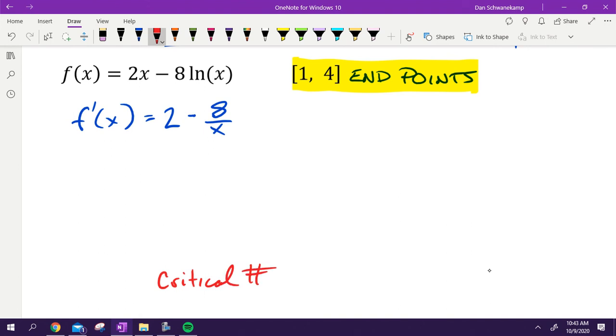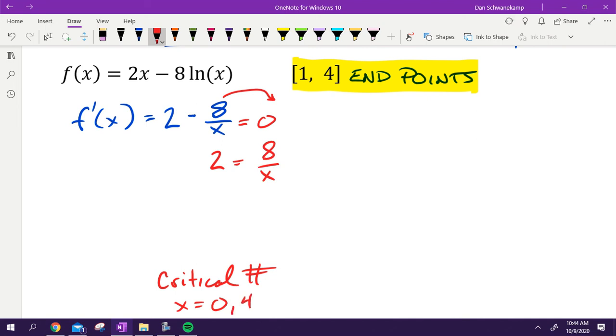number at x is equal to 0, because if I plug in 0 right there, it's going to be undefined. The other thing I got to see is, is it going to be equal to 0? Well, let's solve it. You should be able to pick a number out here, but if you can't do it, we solve it. So I'm going to just add this over. 2 is equal to 8 divided by what? 4.